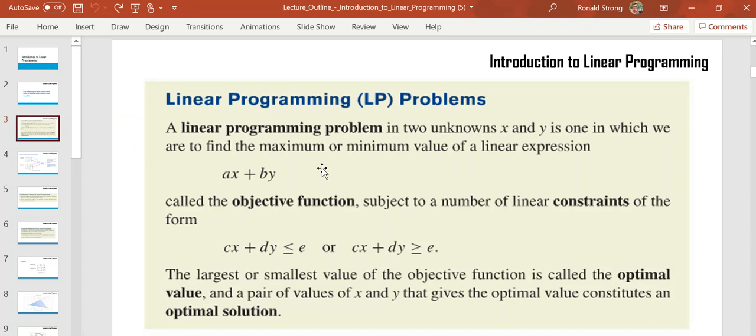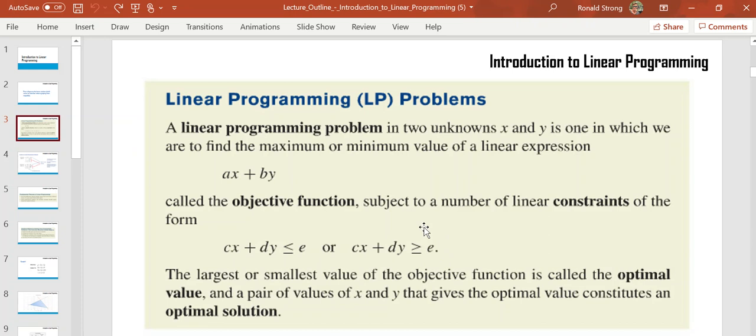And those constraints are going to be in the form of linear inequalities that look something like this. Cx plus dy is less than or equal to some value e. And remember from your study in algebra of inequalities, it is this less than or equal to sign or the greater than or equal to sign that creates the linear inequality rather than a linear equation.